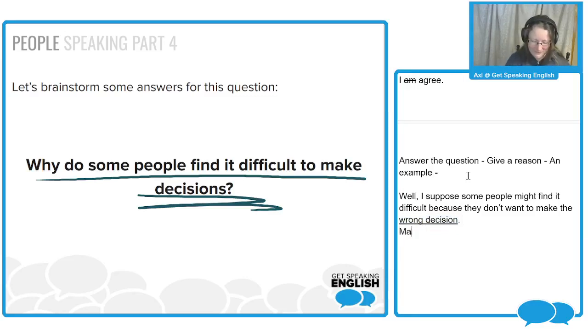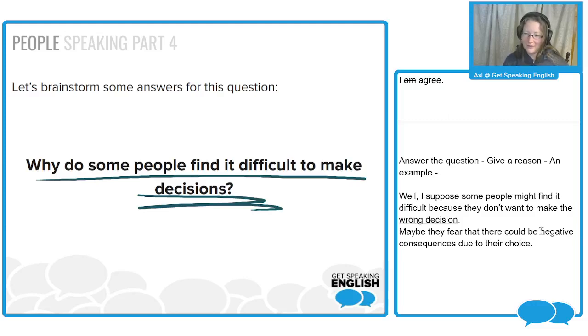So, maybe they fear that there could be, I don't know, negative consequences due to their choice. So, for example, a negative consequence, those are going to be negative, sort of bad outcomes, right? That are a result of their choice.